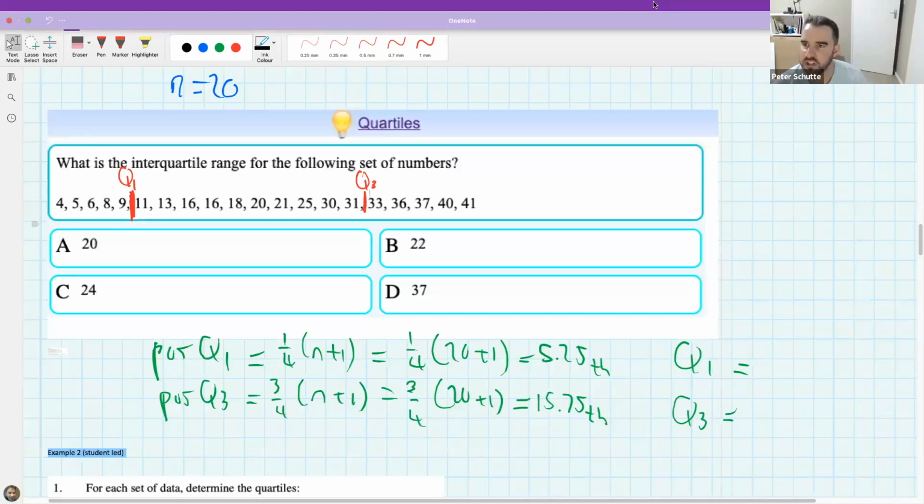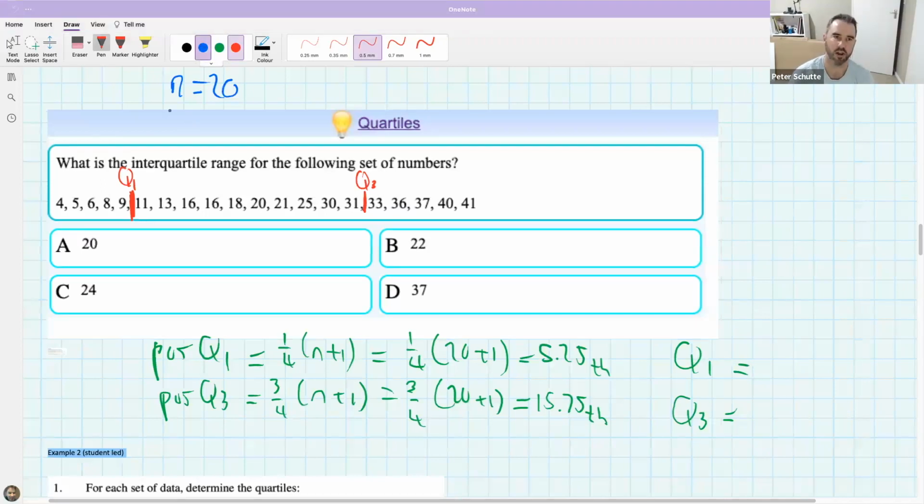Pop your answer in the chat, the one that you think is correct. I've indicated visually on the screen where I think Q1 is and where Q3 is. And the interquartile range is going to be between these two. That's where the middle 50% is sitting.